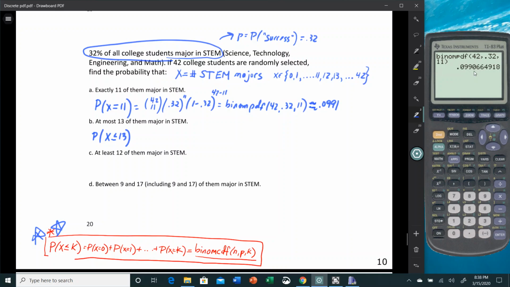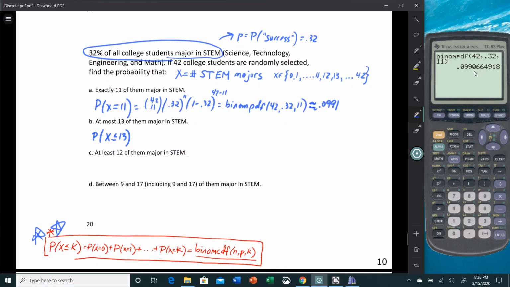So that would be the probability x is equal to 0 plus probability x is equal to 1 plus probability all the way up to, in this case, x is equal to 13. So since we have the sum of these probabilities, we can do that calculation. We could use the binomial PDF 14 times and add them all up.